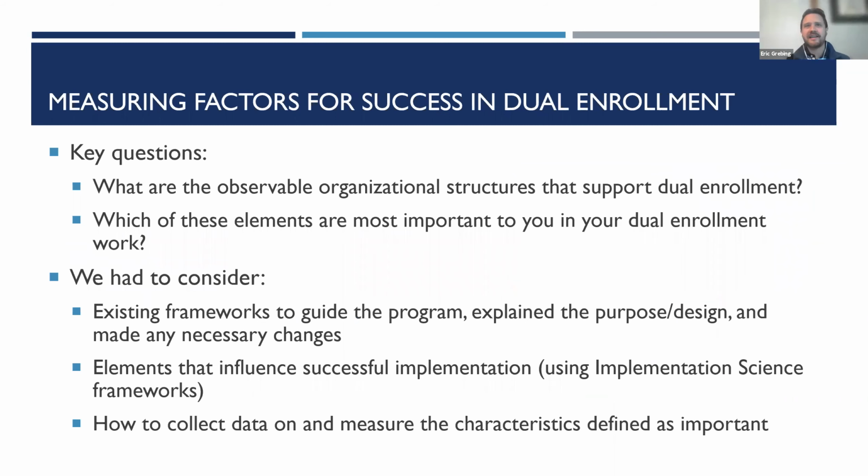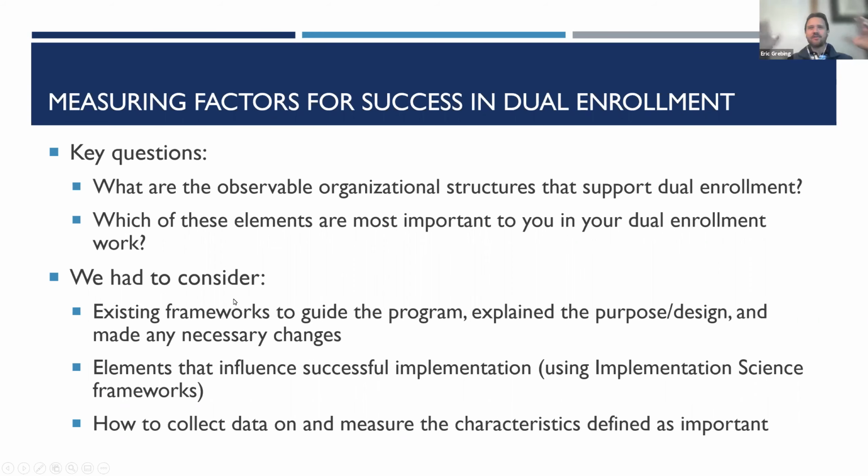So one of the things that is challenging about this is we're talking about factors for success that are not always the most observable. So one of the key questions to ask is, what things are actually observable? And if they're not easily observable, how do you bring them to the forefront? How do you actually measure them?